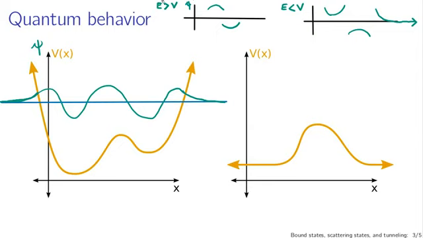What that means is that the allowed region, the region where we'll find the particle, is the region where we have some wave function that is non-zero. And we have wave function that's non-zero, even beyond the classical turning points. So our classical allowed region would be in between these two turning points.